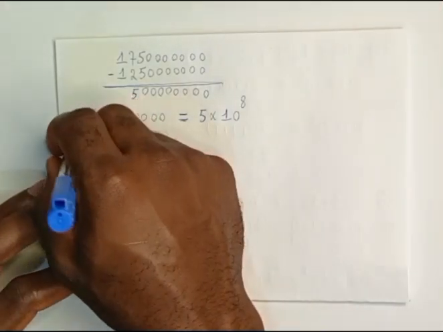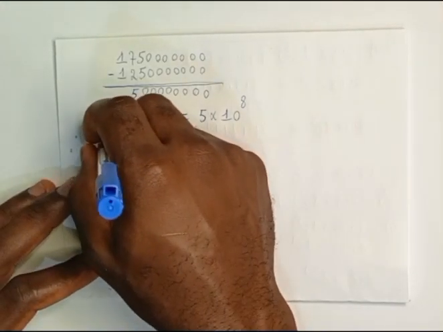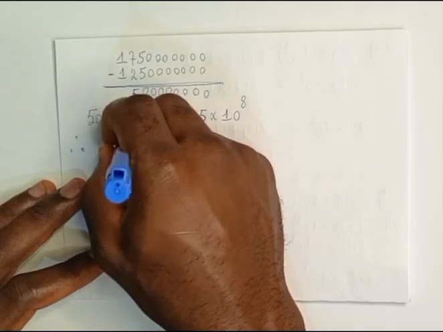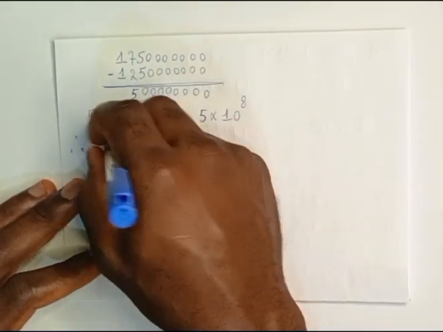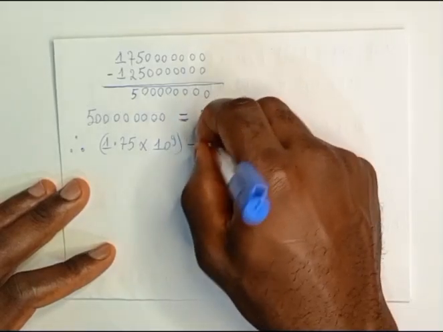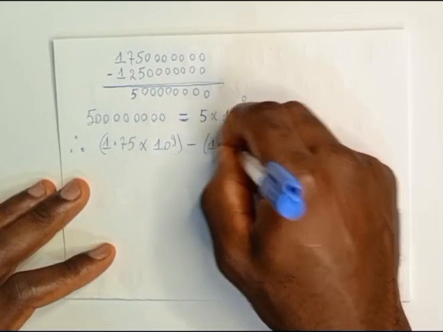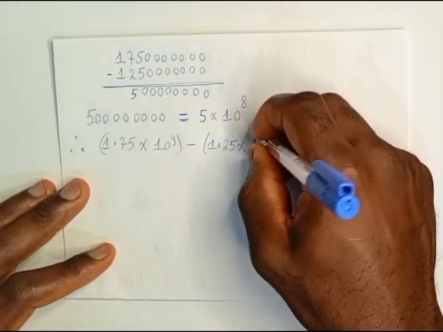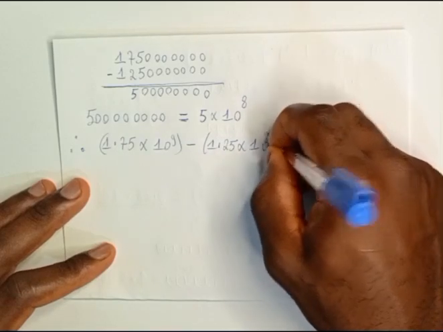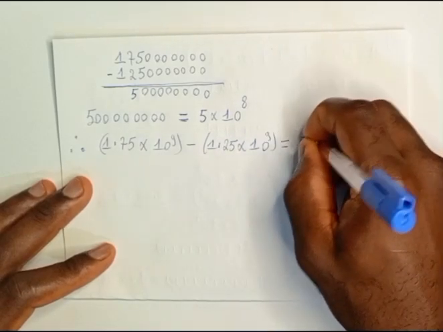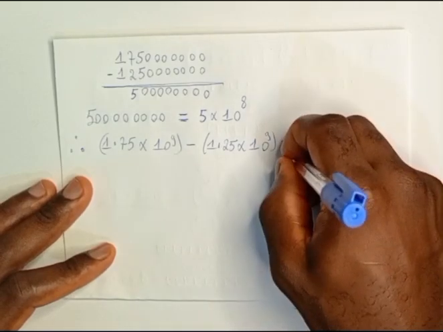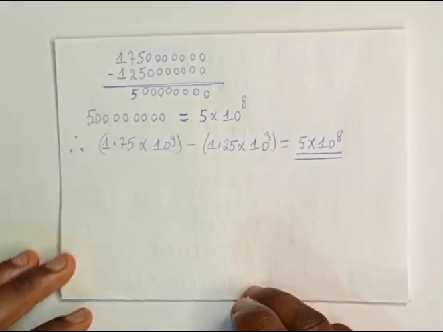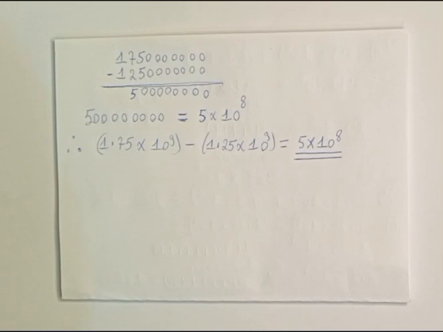So we conclude therefore 1.75 times 10 to the power 9 minus 1.25 times 10 to the power 9 is simply equal to 5 times 10 to the power 8. This is the final answer.